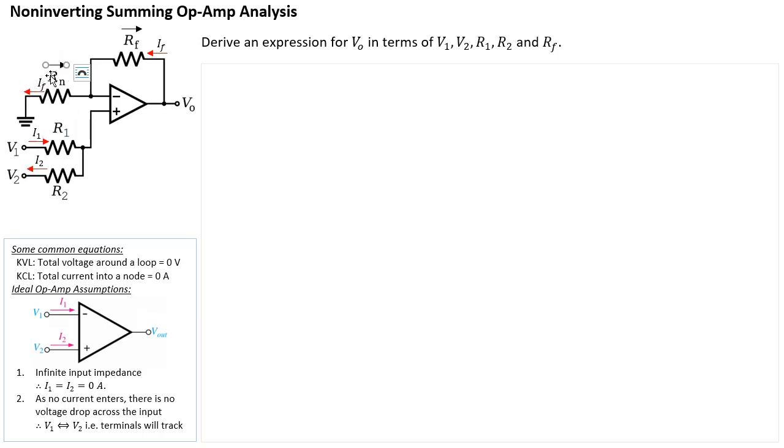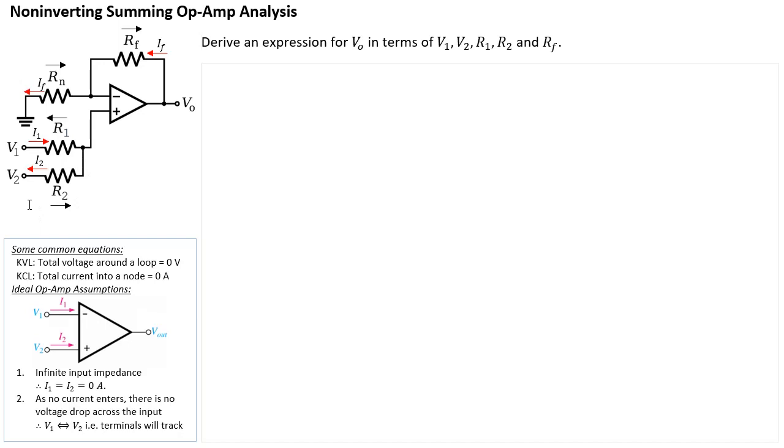So VRn, the voltage across Rn, will be positive on the right-hand side. Then the voltage across R1, since current is flowing from left to right, will be positive on the left side, meaning the higher potential will be on the left of R1. And similarly for R2, since current is flowing from right to left, the voltage across R2 will be positive on the right compared to the left.